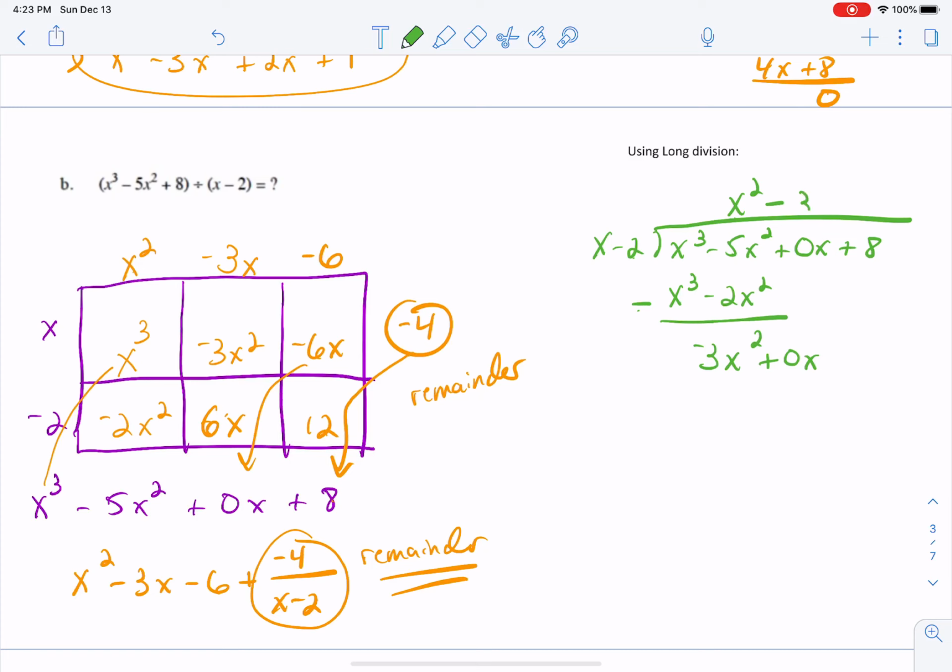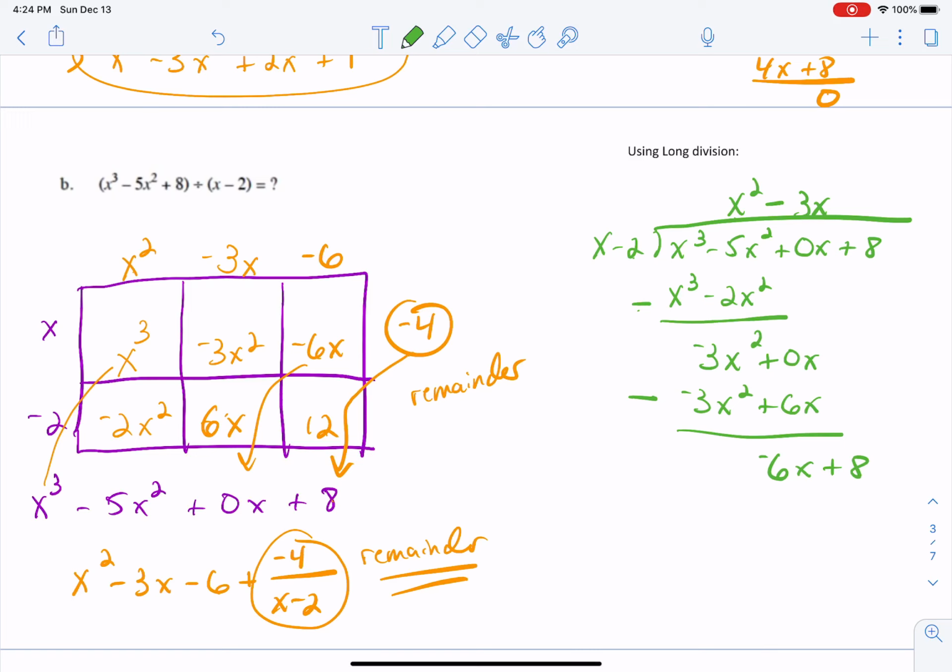So I'm going to need a negative 3x. Subtracting 0 minus 6 is negative 6x.